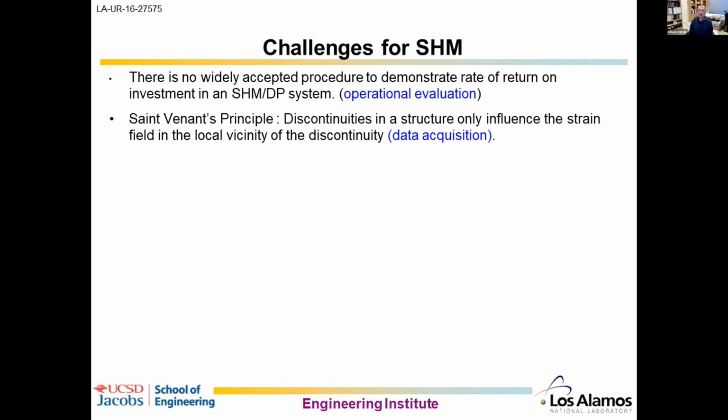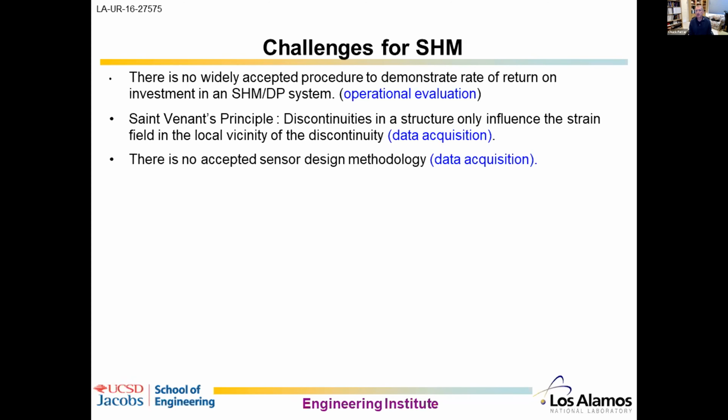What I list here is St. Venant's principle, which states that discontinuities in a structure only influence the local strain field around that discontinuity. And that poses some issues for data acquisition and the number of sensors we need to employ.